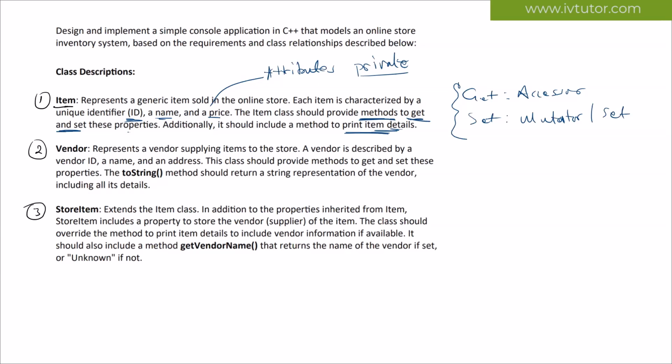Functions, however, we always keep public because that's what we want everybody to access. Your get functions allow you to return the values of your attributes. Your set functions allow you to set the values of your attributes, but the attributes themselves you always keep private.